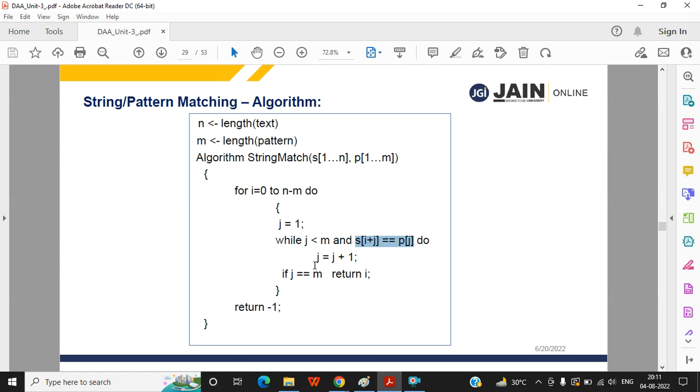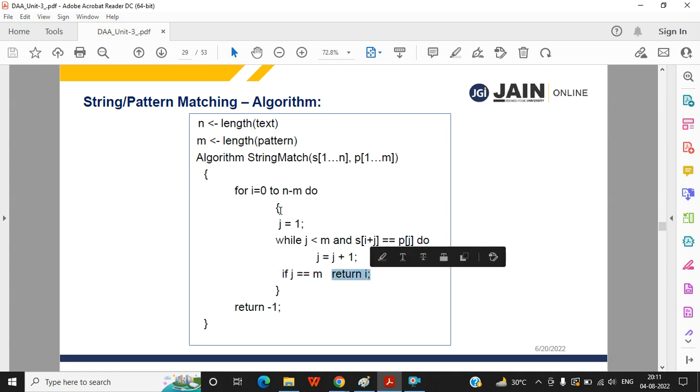You can use a flag variable to break this condition here. Now tell me, is it okay? Yeah, this is fine. So if this condition is true, then return the value of i.